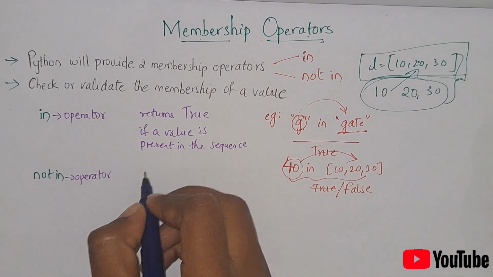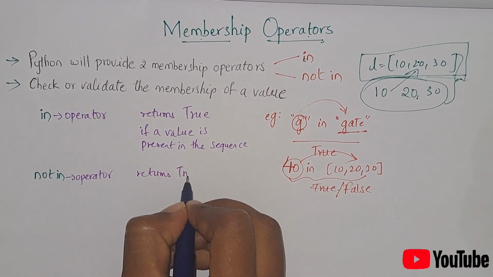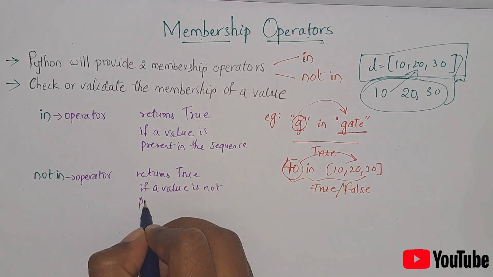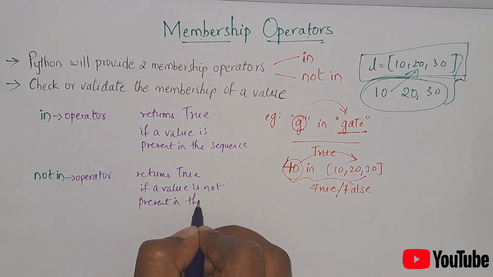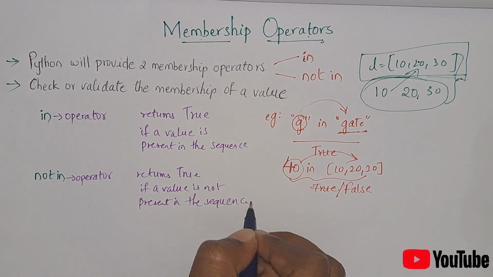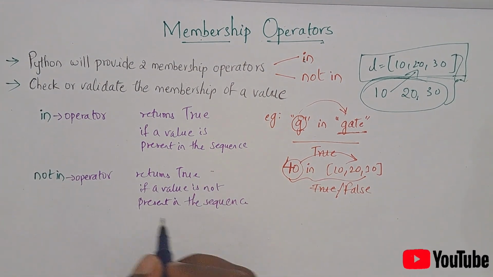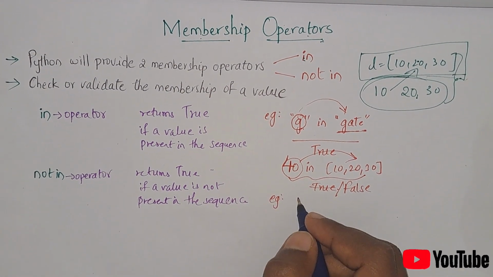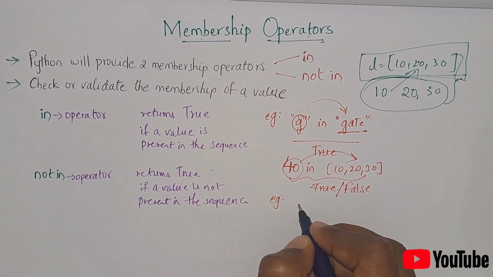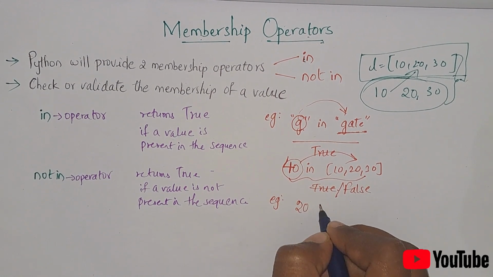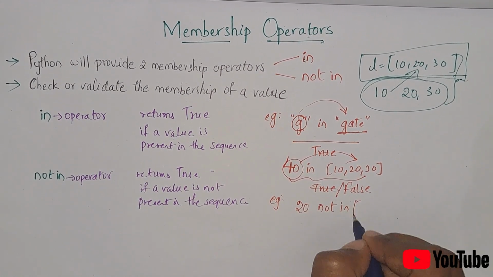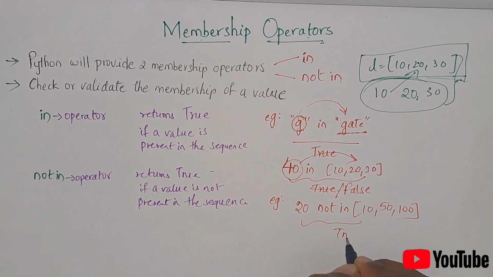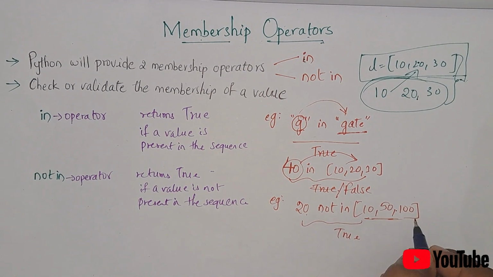Not in is an operator which returns true if the value is not present in the given sequence. For example, 20 not in 10, 50, 100 will return true because 20 is not present in the given sequence.